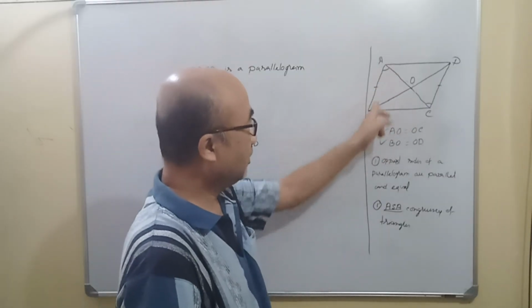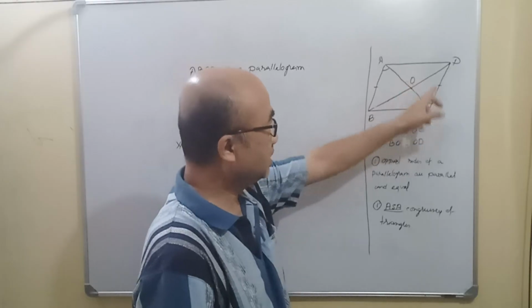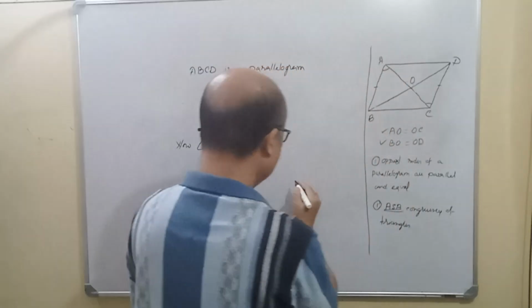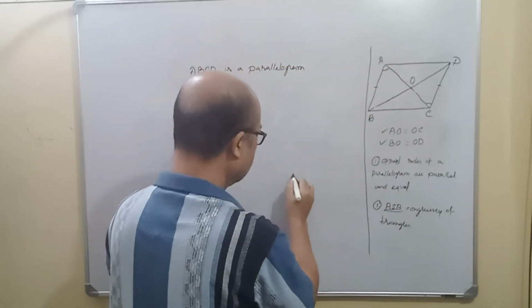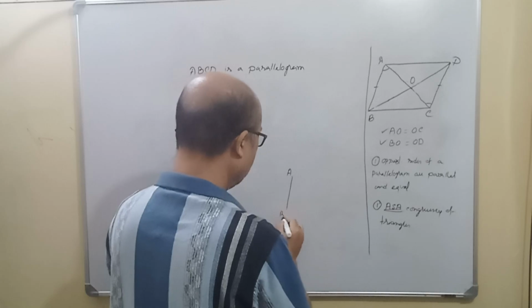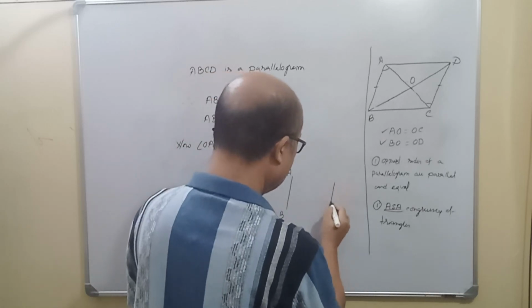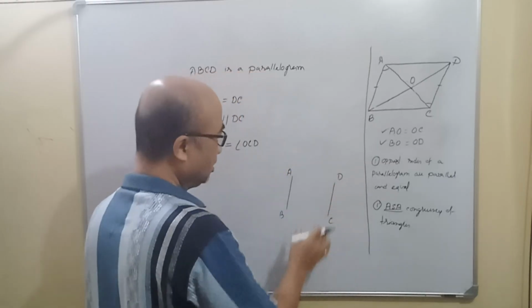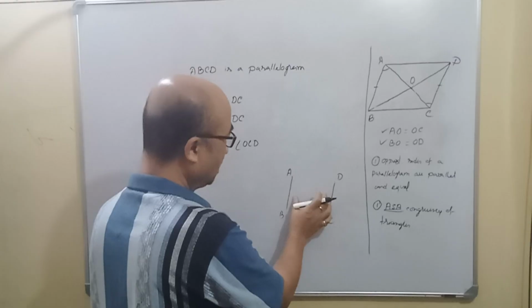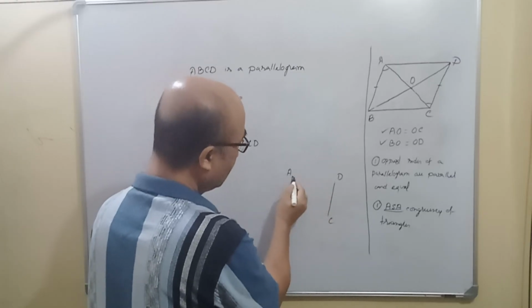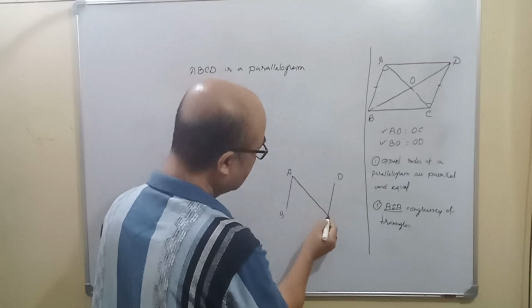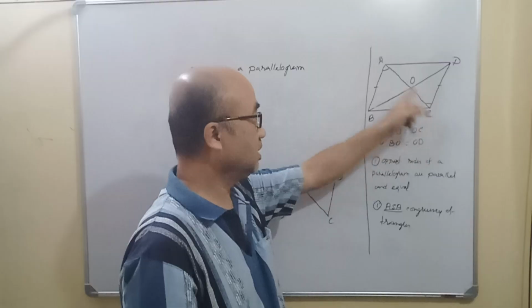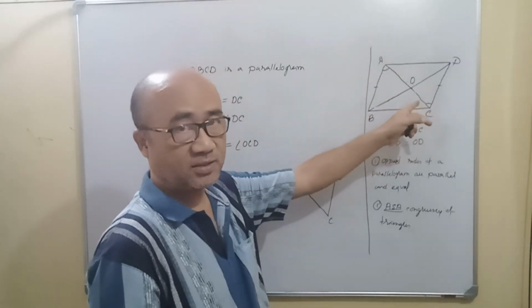Angle OAB is equal to OCD because, let me draw it like this. This is AB, this is CD, two opposite sides of a parallelogram, and this is the transversal AOC or AC.